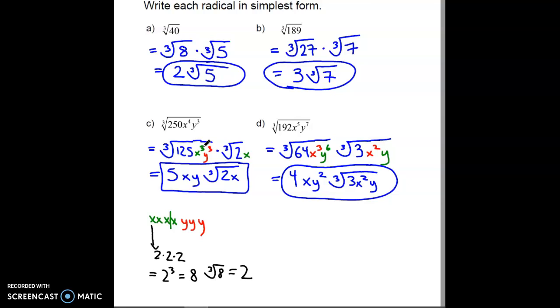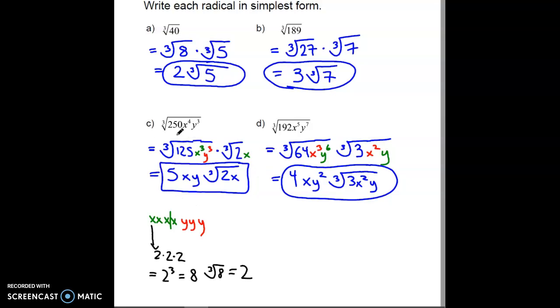But there's still one remaining, so it's going to go in the second radical. But then our next variable, y to the power of 3, the exponent is a multiple of 3, so we can keep it, so y to the 3. So 125 times 2 is 250, and we had 1 x left over.